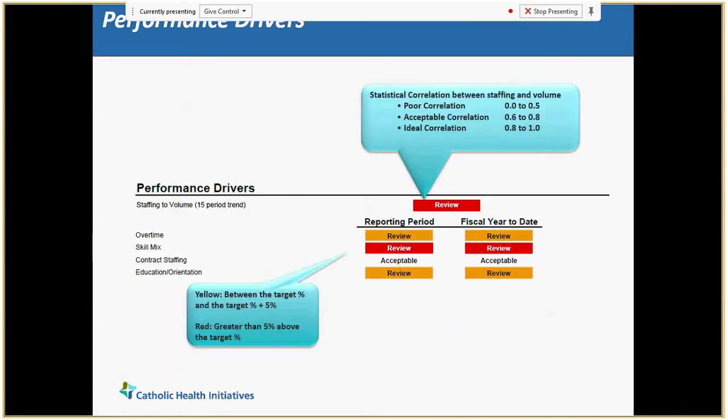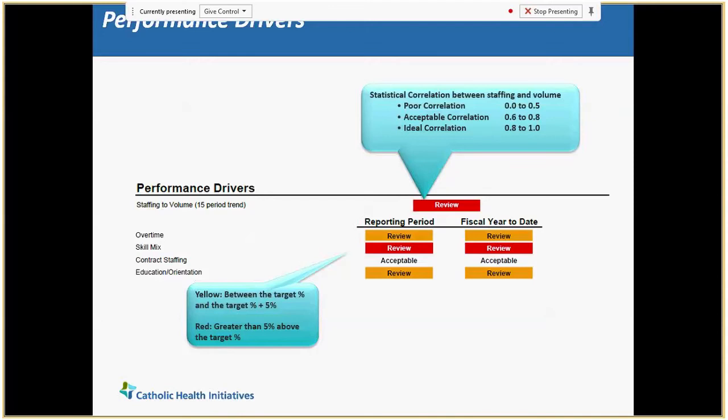So as we're looking down through these graphs and into the numeric data a little bit later, you will see some shading on the reports. And so as we're thinking about some of the performance drivers, overtime, contract labor, you'll see skill mix listed here. We've actually removed the skill mix section of this report. But if you're over the target for one of these drivers and you're within a 5% increment over the target, so for example, overtime is a 2% target.